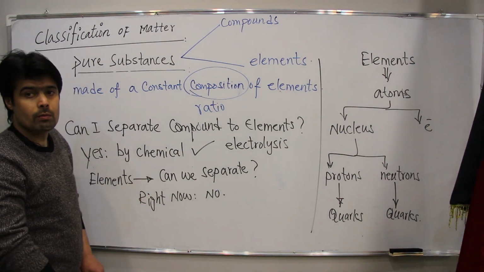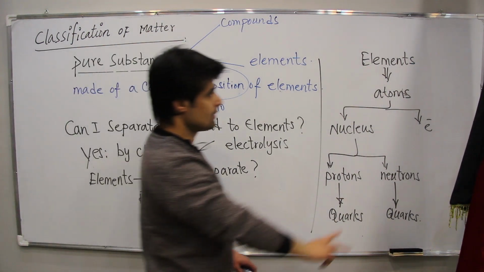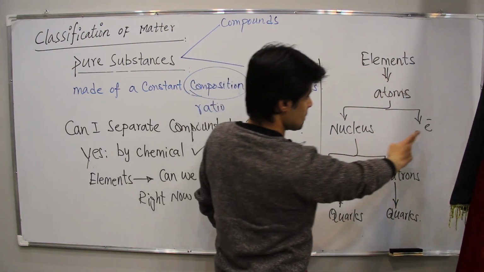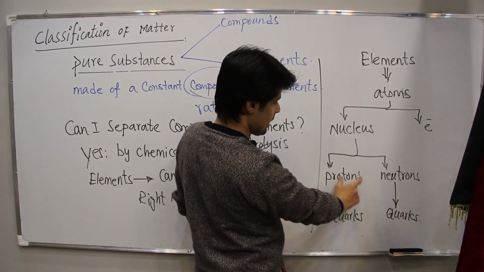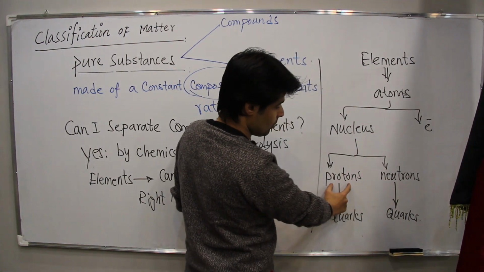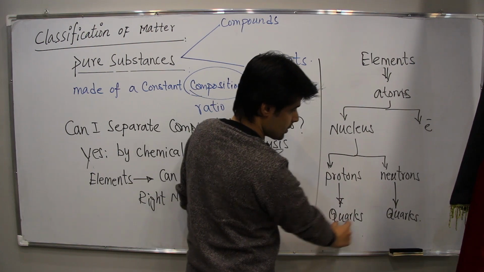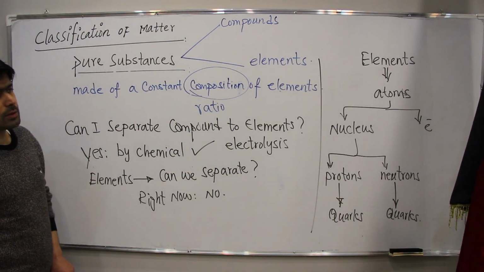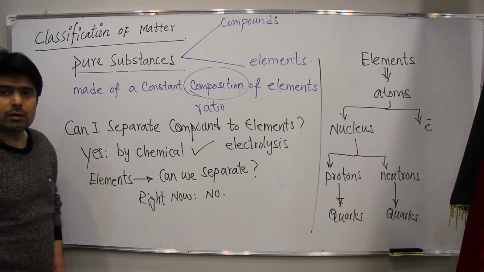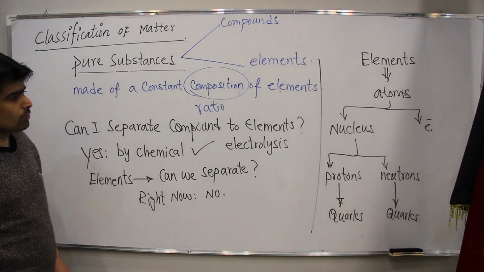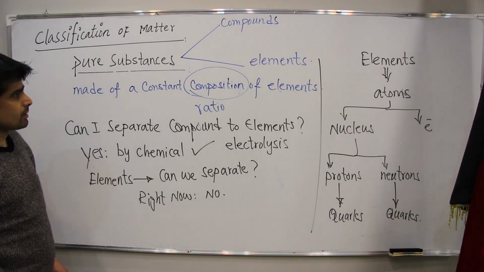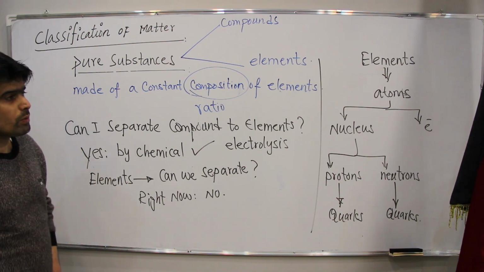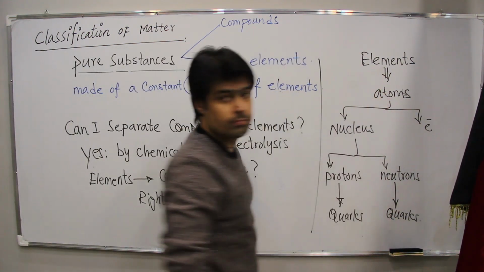But we will study that these elements consist of atoms, and this atom is made of a nucleus and electrons, and this nucleus is made of protons and neutrons. Protons are made of quarks, and neutrons are made of quarks. What these are, we will study in the next lecture. Okay, write it down. I will summarize all these parts, then for the next lecture we will start from the atom.